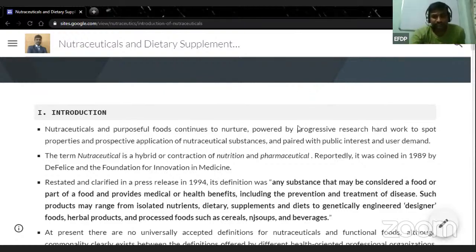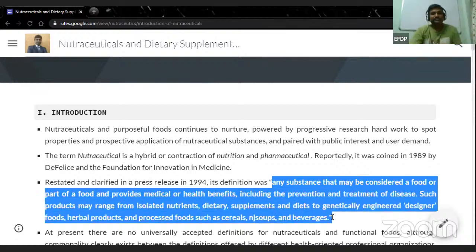So what is the definition? The definition lies here: any substance that may be considered a food. Yes, Piyush gave the answer, protein powder. Okay, protein powder can be considered under this, but actually as such it is a food product, so it is known as a functional food.